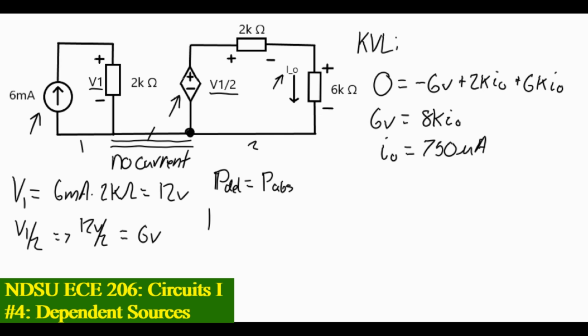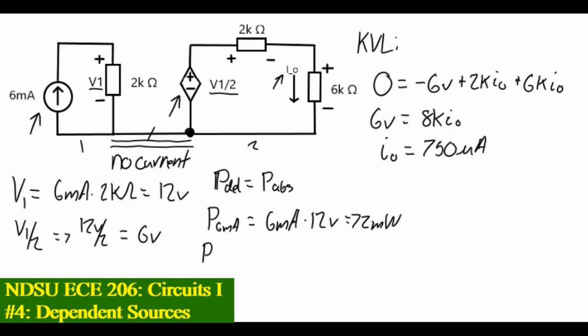So the power at the 6 milliamp current source is going to be 6 milliamps times V1, which we determined to be 12 volts. That's going to give us 72 milliwatts.